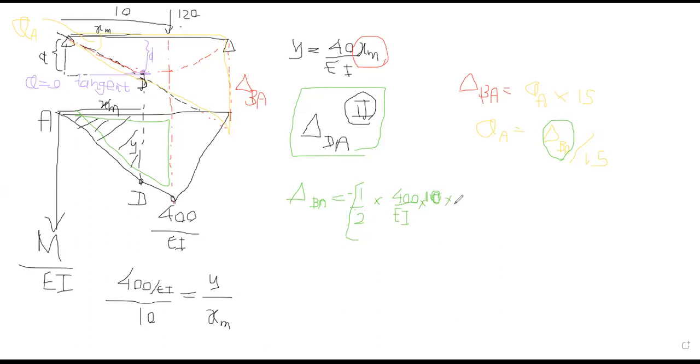The distance is, this is 5, 5 plus 1/3 of this, from here. Because here it's 2/3 of 10 and here 1/3 of 10. So it's 10 over 3 plus 5. And the other triangle, half into 5, the length, over EI.